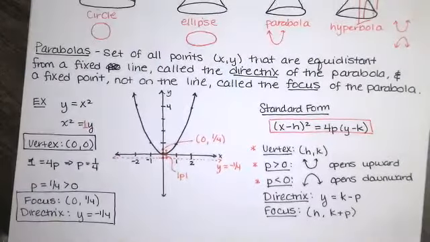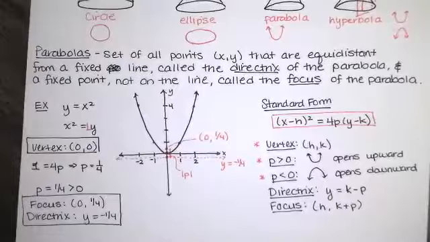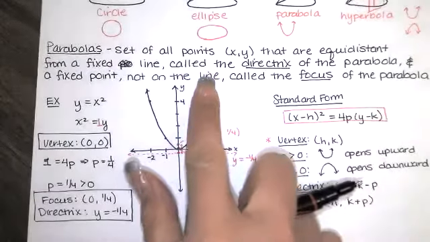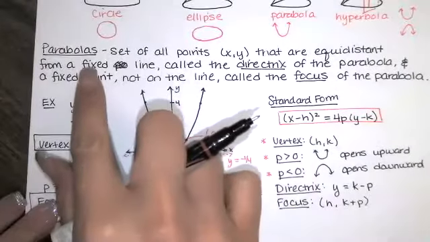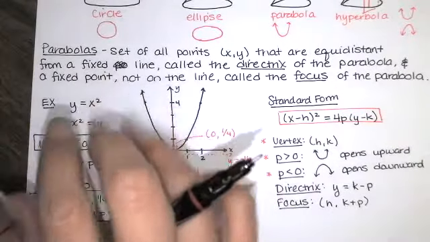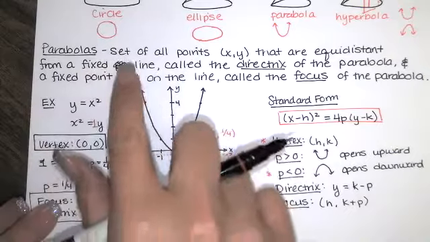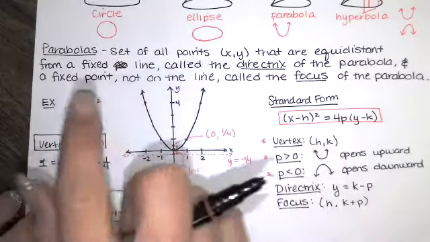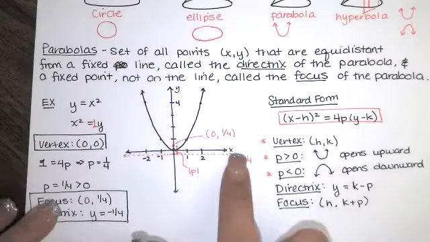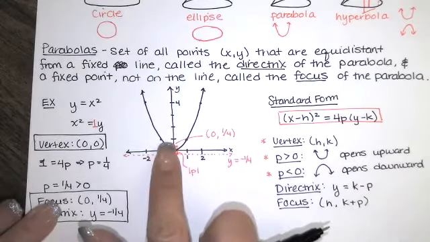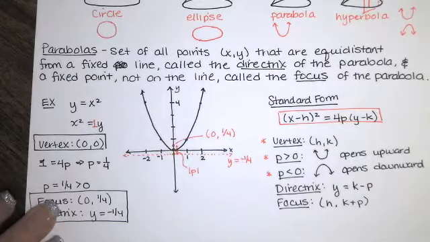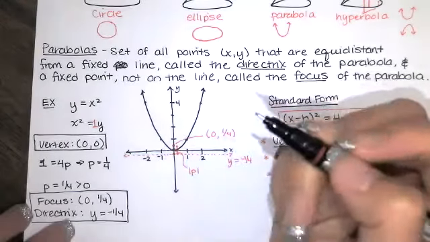Now, I wanted to draw this picture for you. I tried very hard to draw it to scale so that we could see this property. Remember, we said earlier that parabolas are defined this way. A parabola is the set of all points (x, y) that are equidistant from a fixed line called the directrix and a fixed point not on the line called the focus. Now, it seems odd.